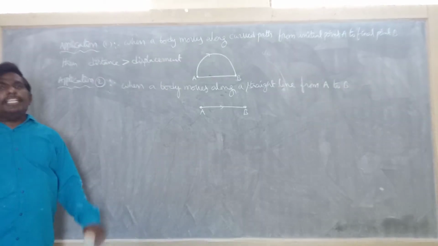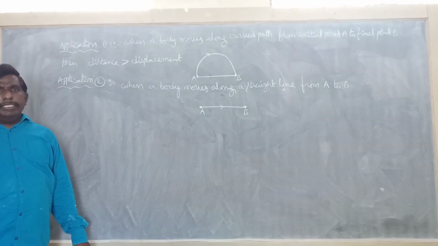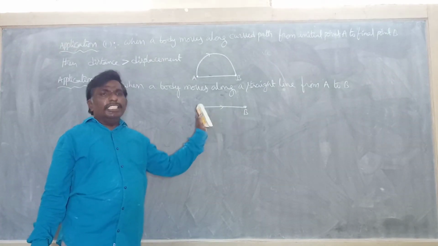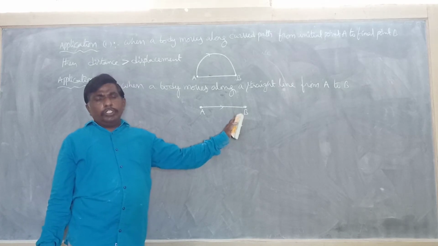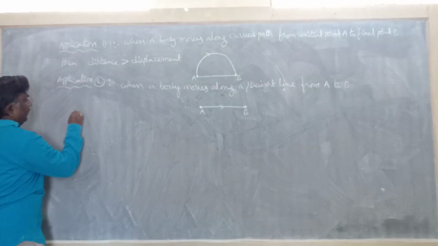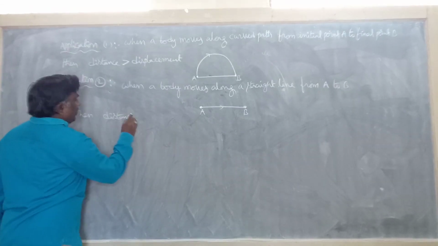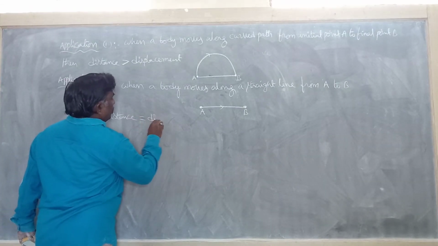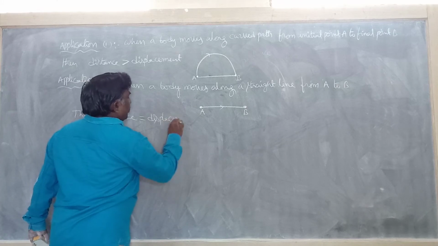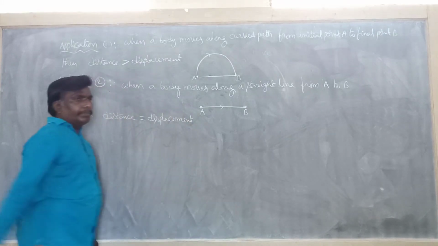What about displacement? Here distance is equal to AB and displacement is also AB. So that's why distance is equal to displacement. Okay?